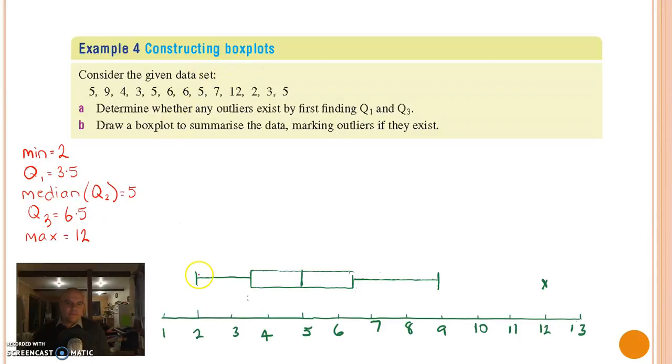We have a minimum value of 2, a quartile 1 of 3.5, Q2, our median, is 5, Q3 is 6.5, our maximum value, which is 12, is an outlier, so we label that with an X, move into our next highest number, which was a 9. And that's our whisker there. So there we go. That's how you do box plots.